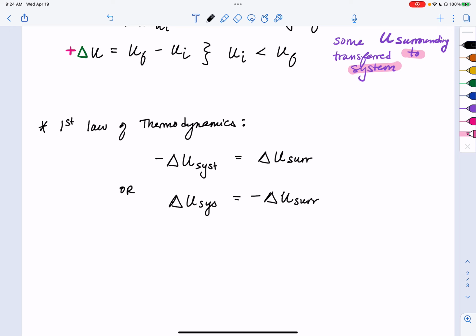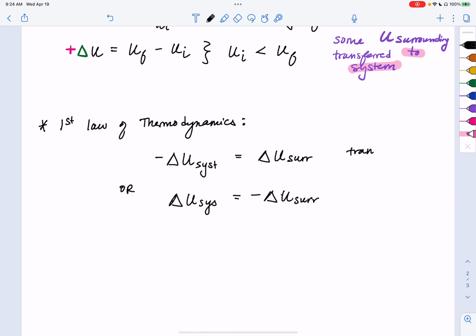So we see the transfer out of our system or the transfer to our system. But in the end, because these are equal and opposite, we can say that the total internal, like the change in energy itself, would be zero, right?